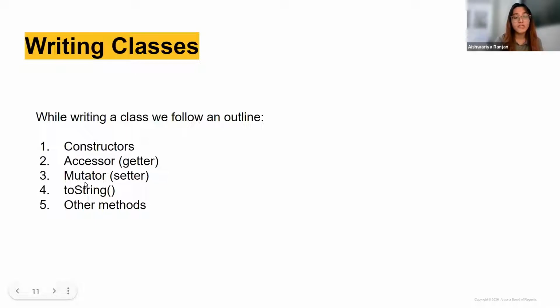Like its name, it lets you mutate or change the variables of that particular class. And the toString method, as you know, is used to print out the data related to an object of that class. Once you specify these, you could go on making other methods as required by your program.